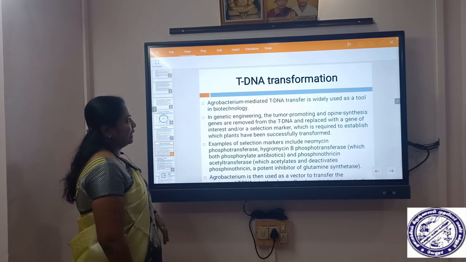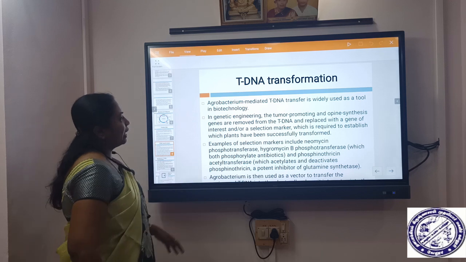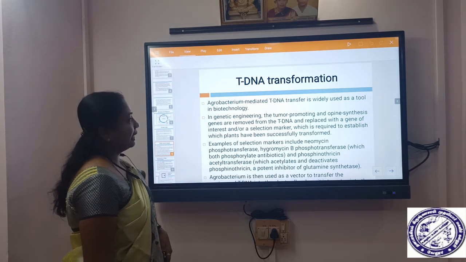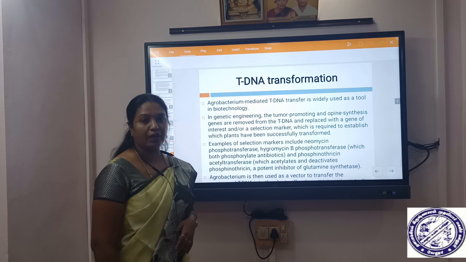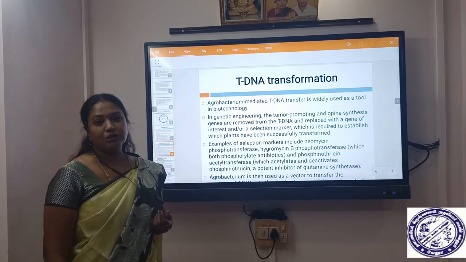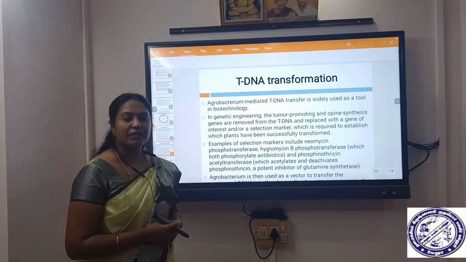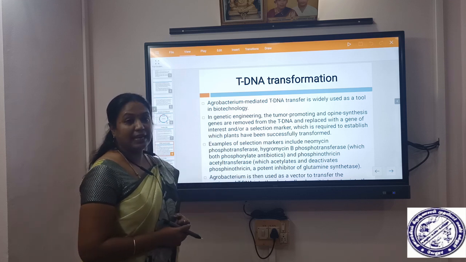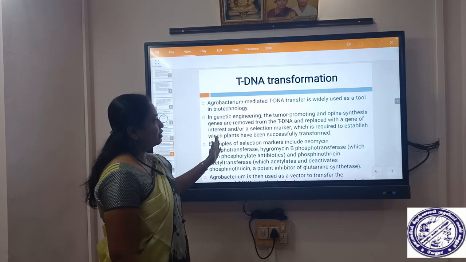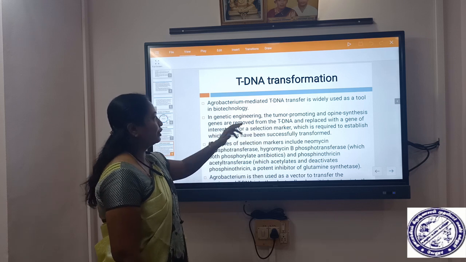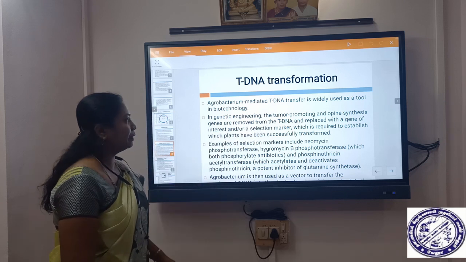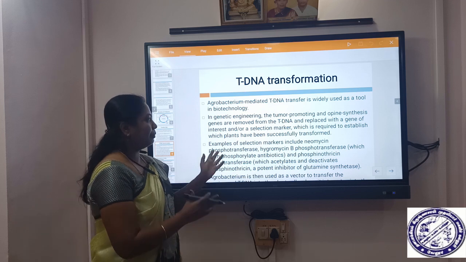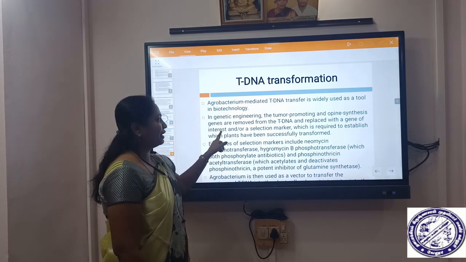So tDNA transformation again. Agrobacterium mediated tDNA transfer is widely used in biotechnology, in plant biotechnology especially. In genetic engineering, the tumor promoting and opine synthesis genes will be removed, and then it will be replaced with the gene of interest.